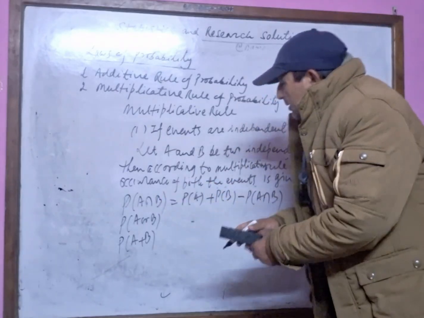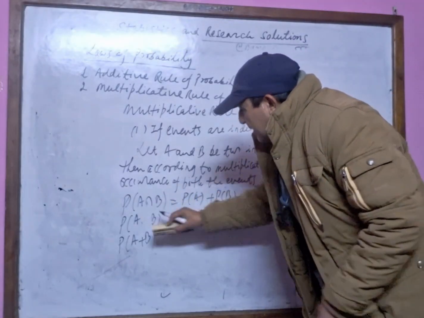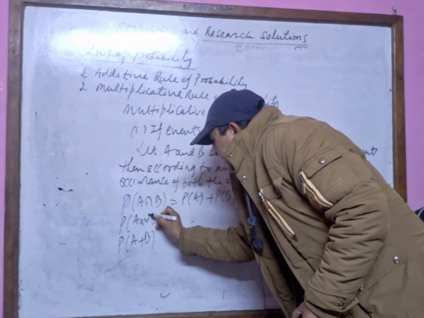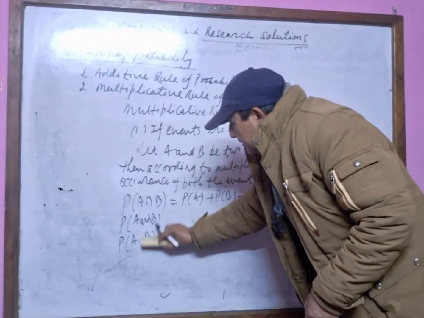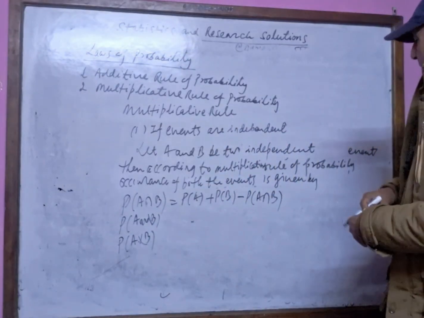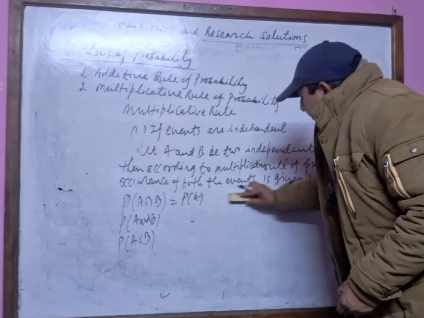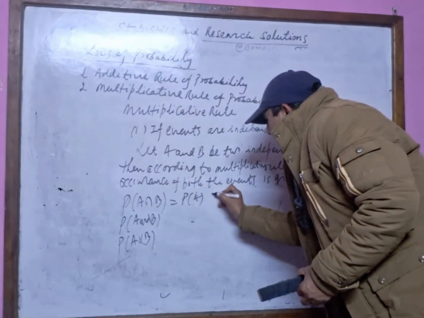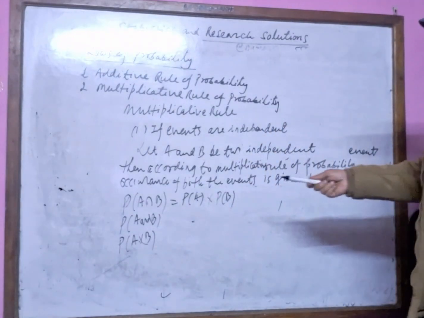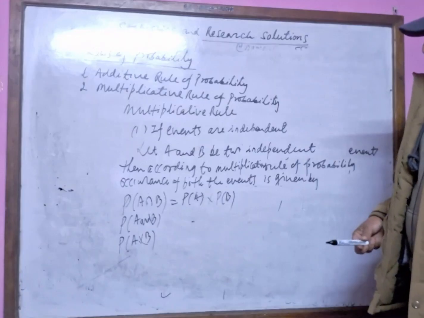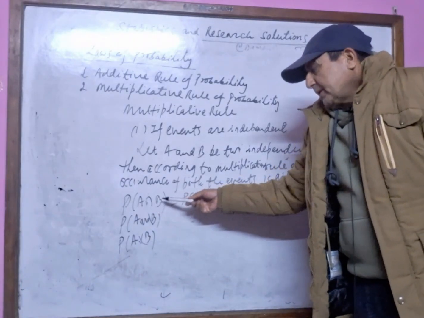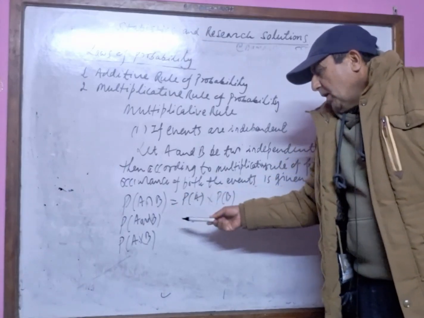The intersection sign is called AND, or this is written as A into B, and this is P(A) into P(B). The occurrence of both events is given by this one.